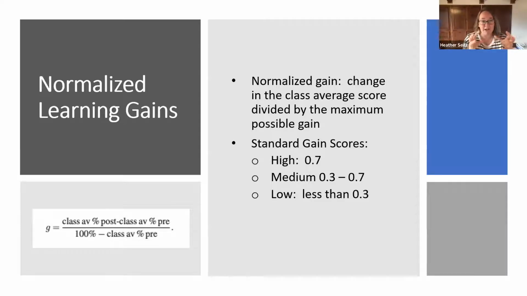And then you have the medium range, and then a low range is less than 0.3. It's important to note that our concept inventory is a low normalized learning gain assessment. That's because we are really addressing common misconceptions. When we developed this concept inventory, we didn't pick the items and the concepts that students knew really well.